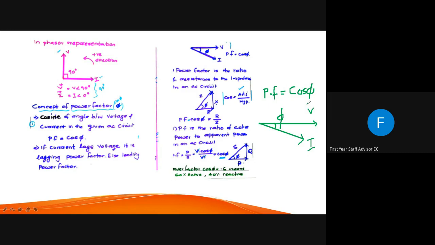What it will do is cancel each other, since the inductive and capacitive effects are opposite in nature, and it will cancel the inductive effect. So this is the concept of power factor: the cosine of the angle between voltage and current in a given circuit is the power factor.